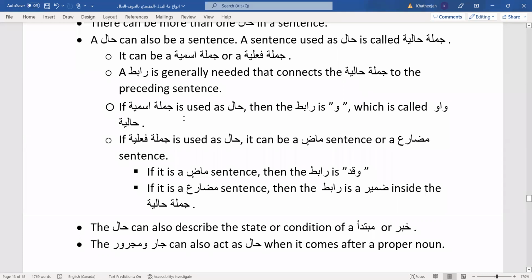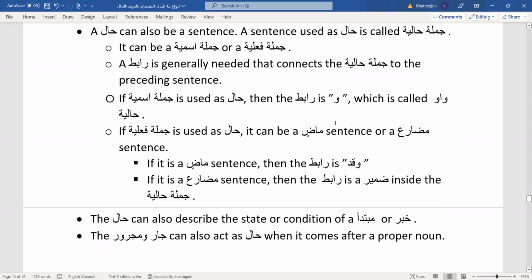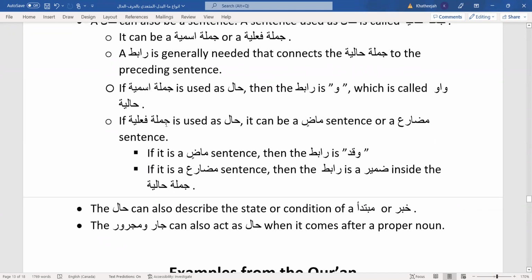If a jumla ismiya is used as hal, then the rabit is waw. Wa means and, and it is called waw haliya. That waw will be called waw haliya, and the sentence after it will be called jumla haliya. If a jumla fi'liya is used instead, it can be madi or mudari.